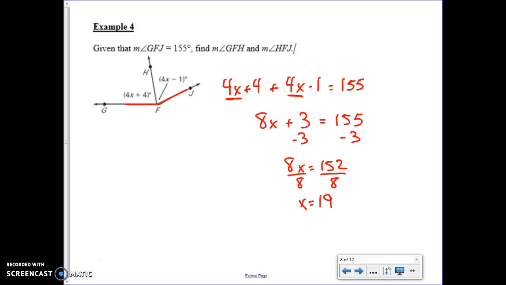However, that's not what we're looking for. We need to find the measure of angle GFH. So I'm plugging in, GFH is 4x plus 4. So 4 times 19 plus 4, and we get 80 degrees.